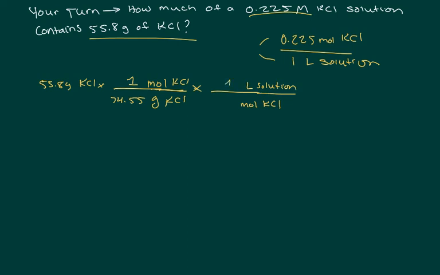And for every 1 liter, I have 0.225 moles of KCl. And so you see the grams cancel, the moles cancel, and I'm left with liters of solution. This should give me 3.33 liters of solution.